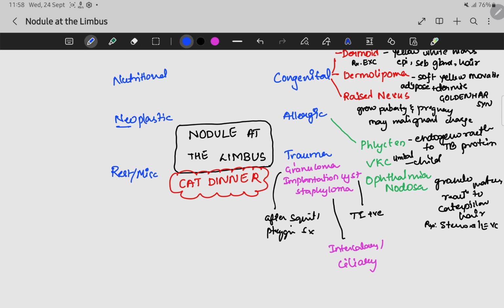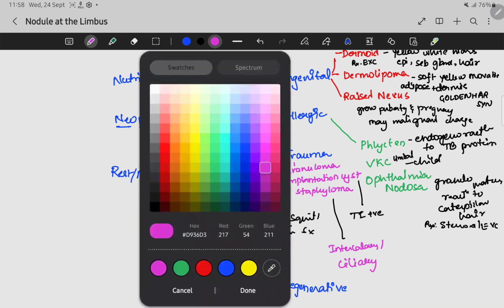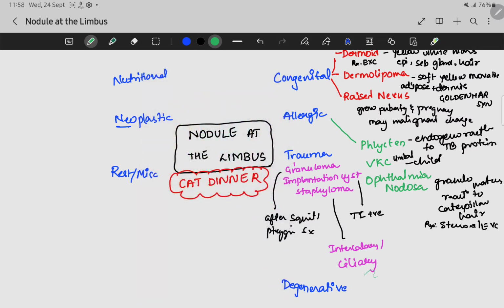Coming to D, that is degenerative. We have pterygium and pinguecula. As you know, pterygium is a triangular mass of vein-shaped subconjunctival tissue encroaching upon the cornea.